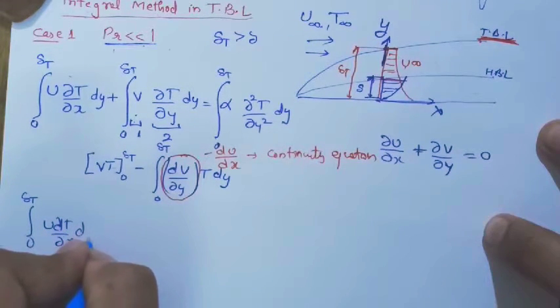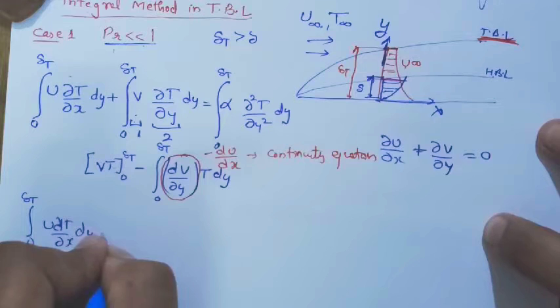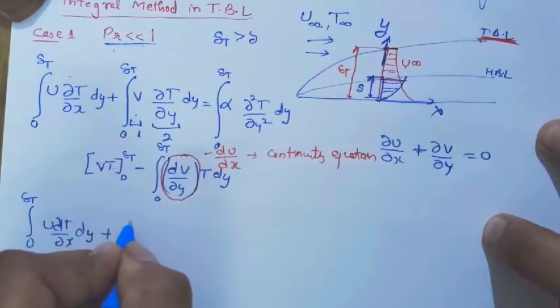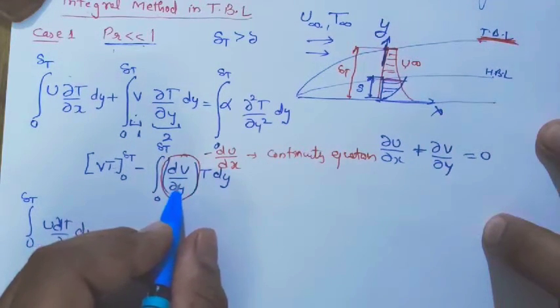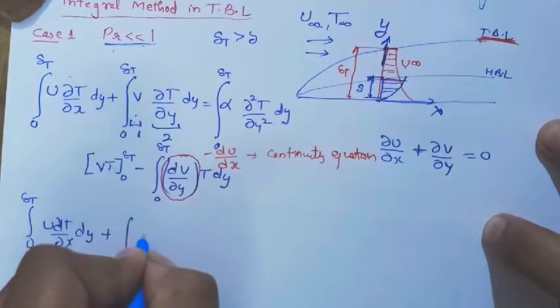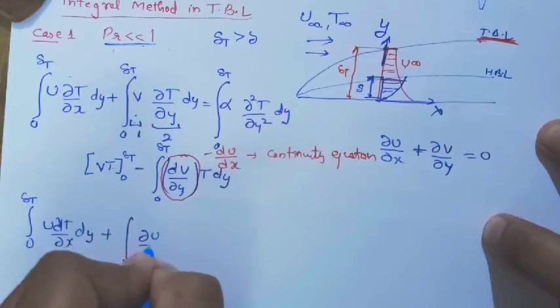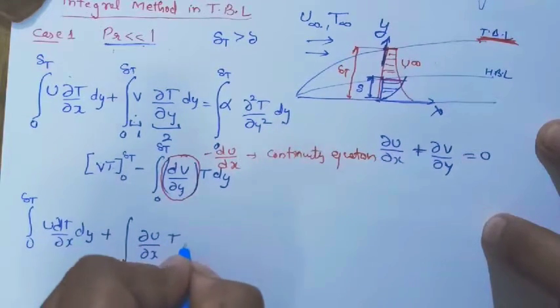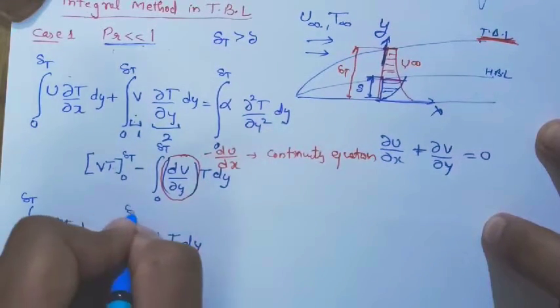So I'll write this equation as u dT by dx into dy plus, now this can be written as du by dx into T dy, right?